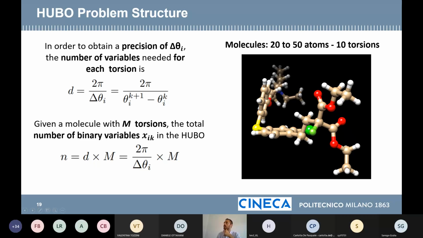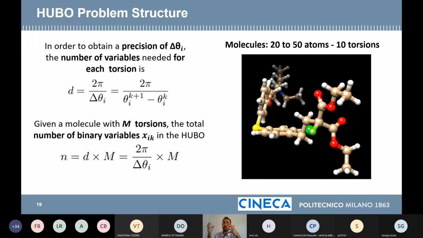So the molecules that we considered were ranging from 20 to 50 atoms. We have the original data set that I showed you before, and we selected a bunch of molecules containing 20 up to 50 atoms, and with at most 10 torsions.